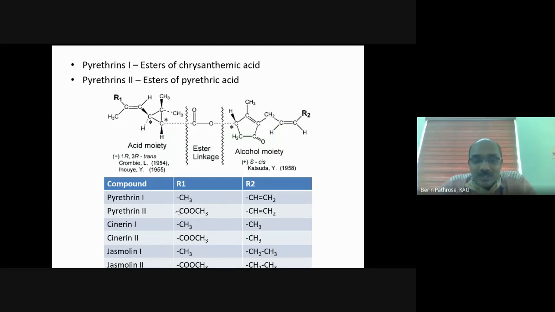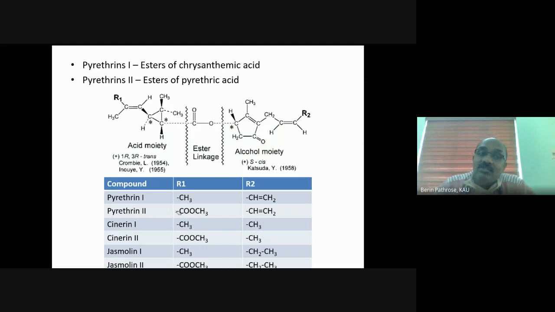I told you it is named after the alcohols. It's not named after the acids. So all the esters formed with chrysanthemic acid have a suffix, it will be suffixed as 1.